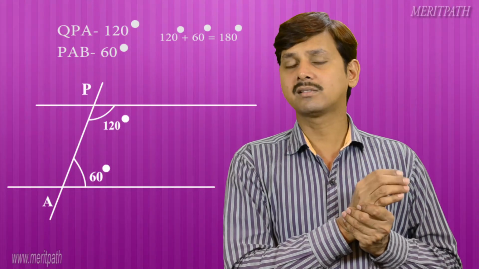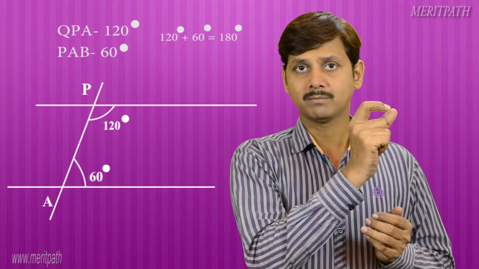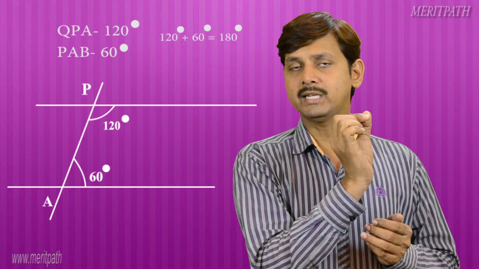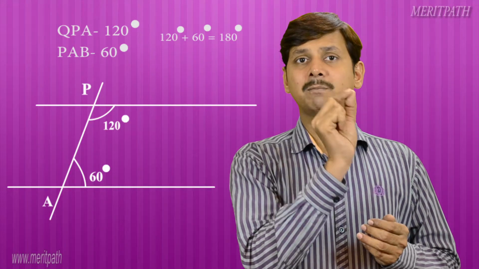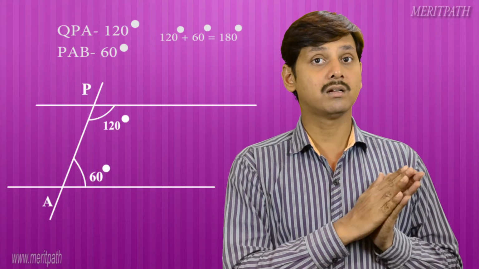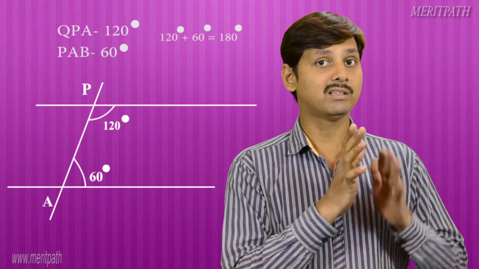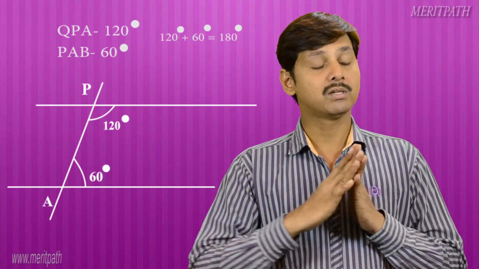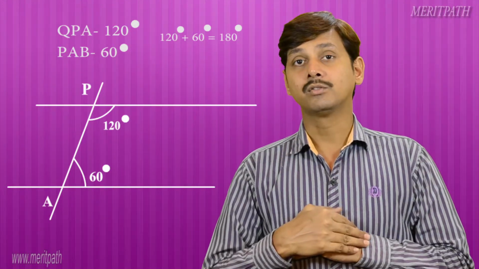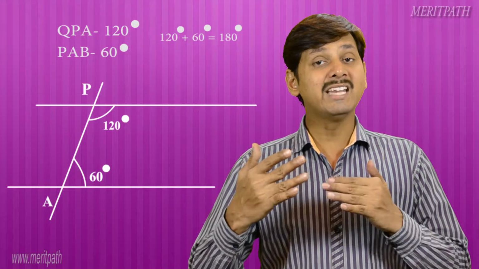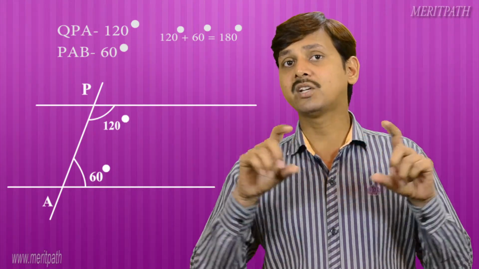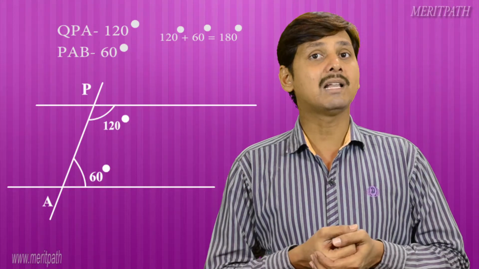We take the angles: angle QPA is 120 and angle PAB is 60 degrees. The sum of these 2 angles is not given, because we already know that the 2 lines PQ and AB are parallel, so wherever we extend these 2 lines, the lines will be parallel only.